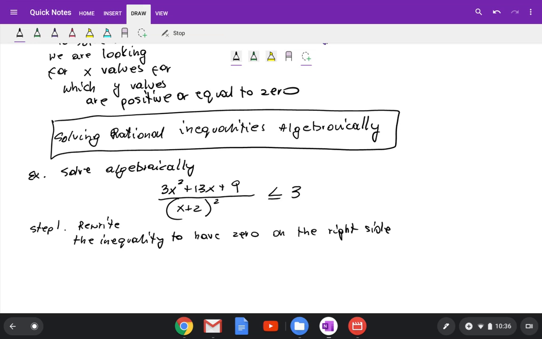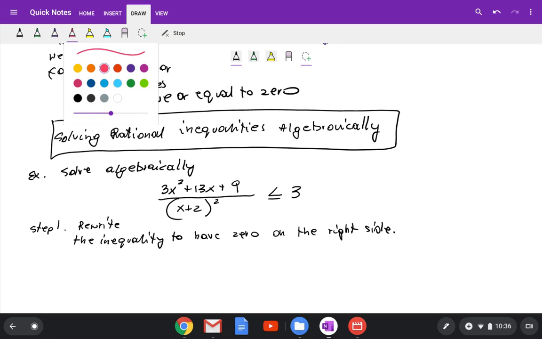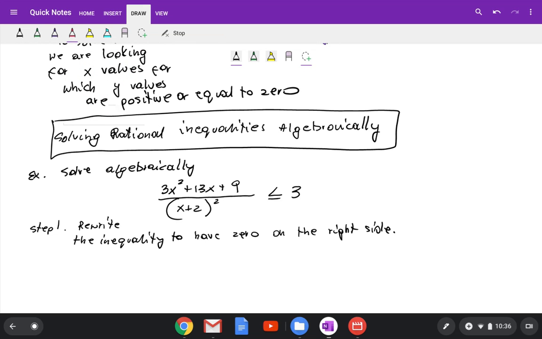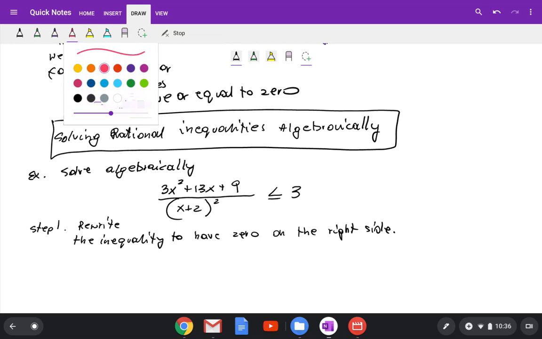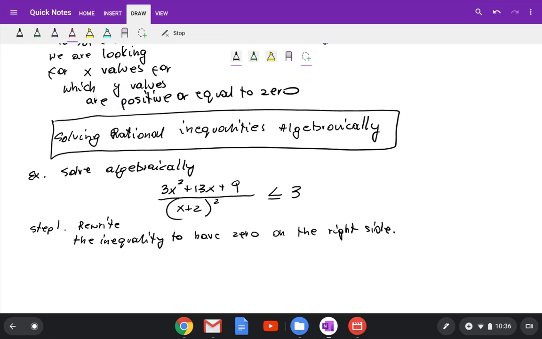So we always need to do that. So in this case, we're going to subtract 3 from both sides. In our case, we're subtracting 3 from both sides.